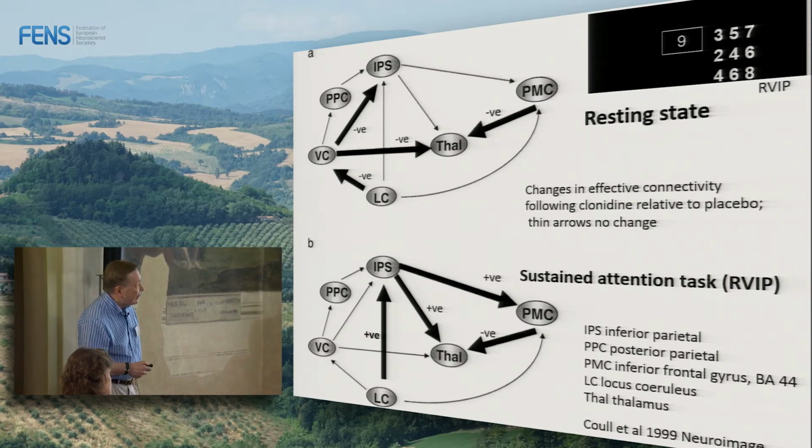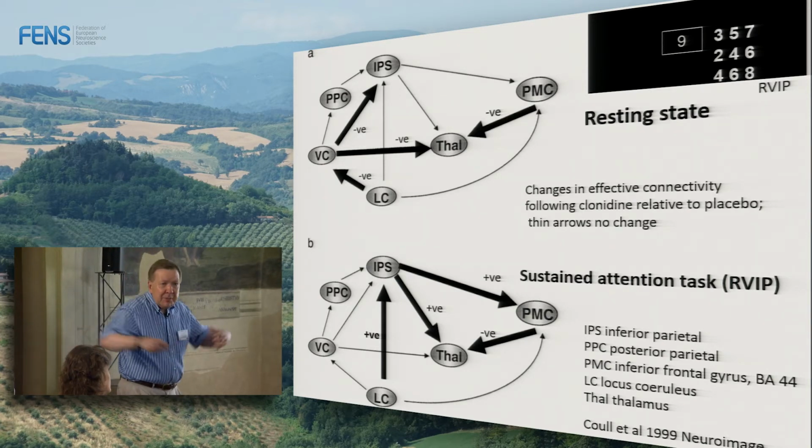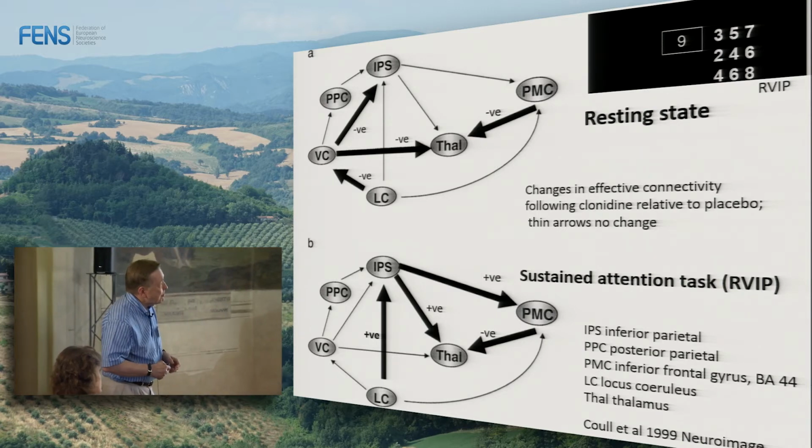In the resting state, these were the main effects discovered. Changes in effective connectivity, the locus coeruleus to visual cortex and parietal cortex and thalamus. All of these areas were inhibited, so the normal relationship was reduced by clonidine.